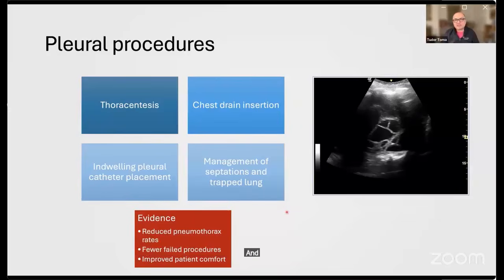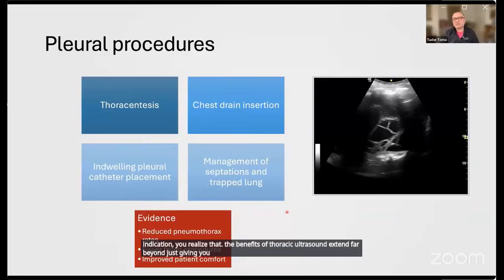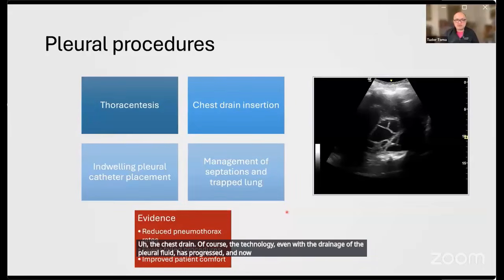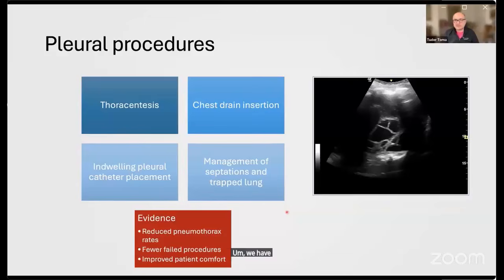And the reality is that once you start using it for a particular indication, you realize that the benefits of thoracic ultrasound extend far beyond just giving you the location where you can put the chest drain. Of course, the technology, even with the drainage of the pleural fluid, has progressed, and now we have indwelling pleural catheter placement. We have studies showing that the management of septations is well guided by thoracic ultrasound.